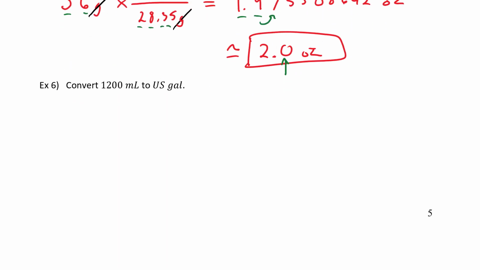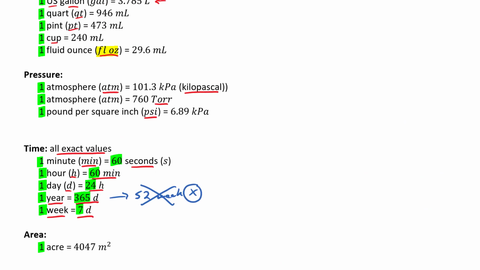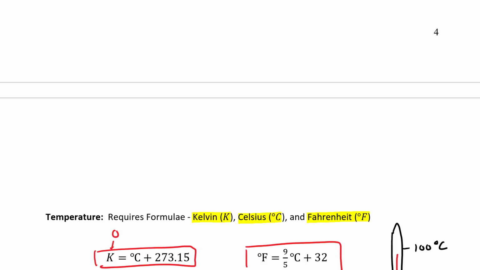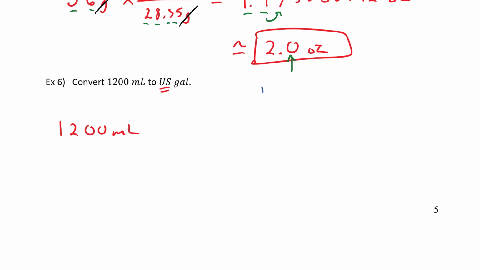Let's try example 6 together. So I'm going from 1,200 milliliters to US gallons. Notice it says US gallons as opposed to imperial gallons. We're looking at this value right here. 1 US gallon is equal to 3.785 liters. Now notice I have to do one extra step here.